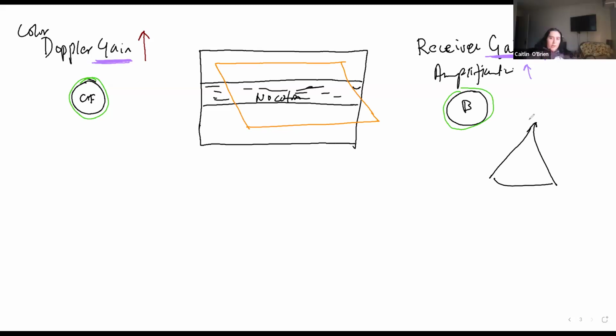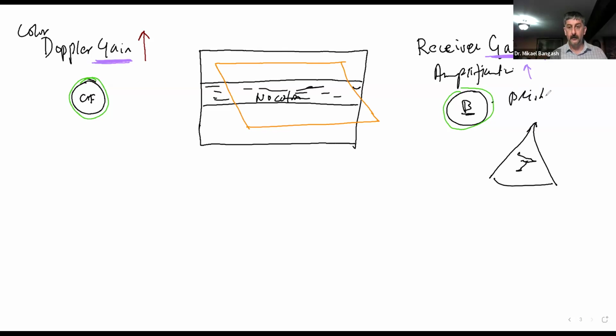It would become brighter, right? Because B was brightness. So yes, it will become brighter.